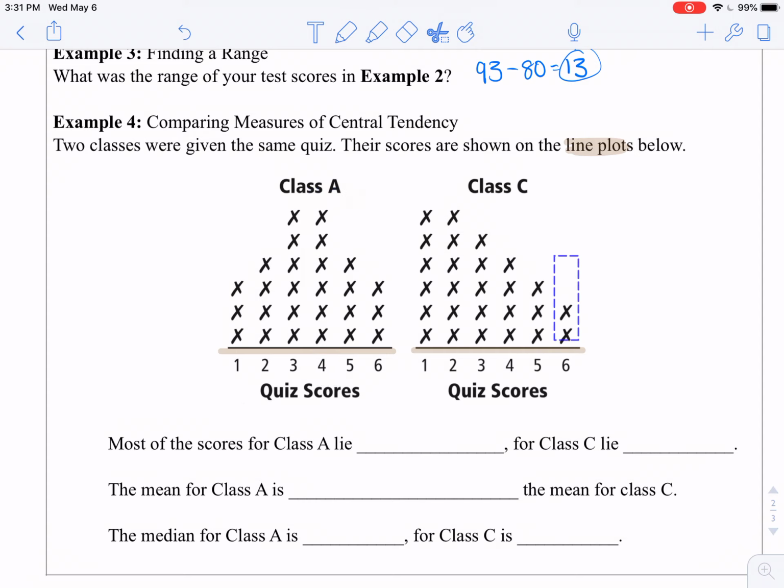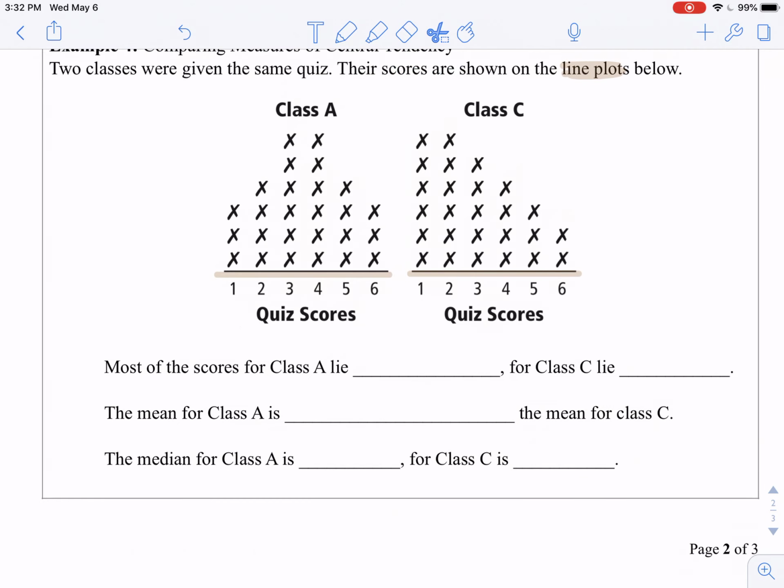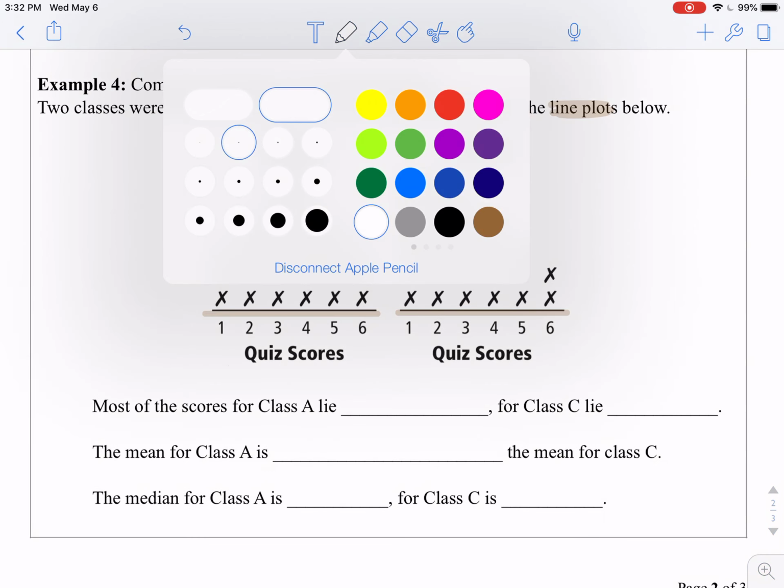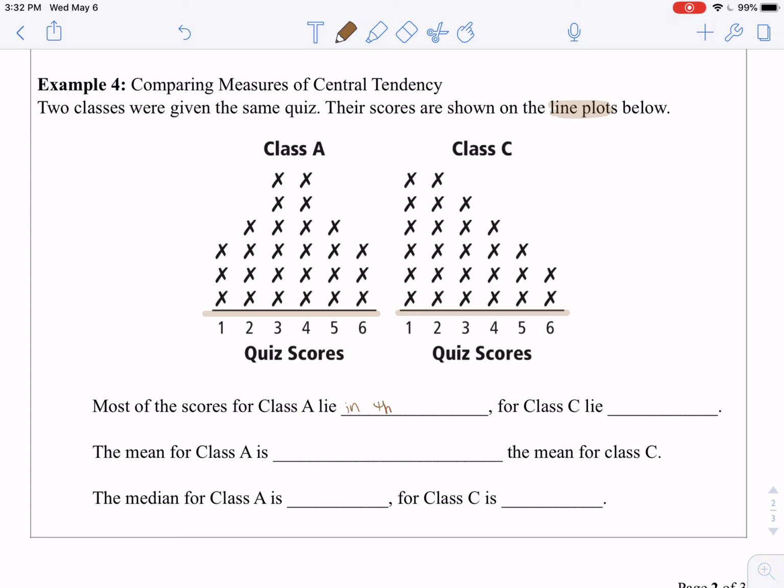However, if we look at Class C, only 2 people got a 6, and 5 people got a 3, but a lot of people, 12 people total, got a 2 or lower. Yikes. Sorry, Class C. I need to study again. If you look at how our points lie on here, most of the scores for Class A line up in the middle, whereas we have a lot of scores for Class C to the left.